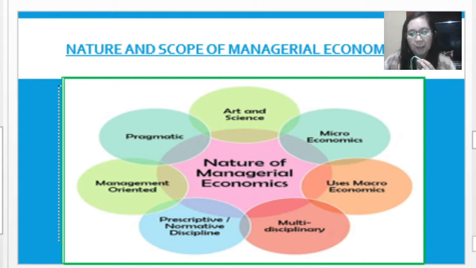The next is that managerial economics, as I discussed earlier, also considers micro and macroeconomics. We already explained these concepts earlier. The next is that managerial economics is considered to be multidisciplinary because, aside from the use of the principles of economics, we can also use other concepts and principles and apply them to help us solve the business problem.